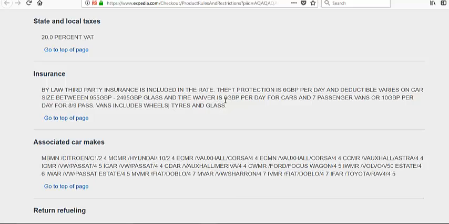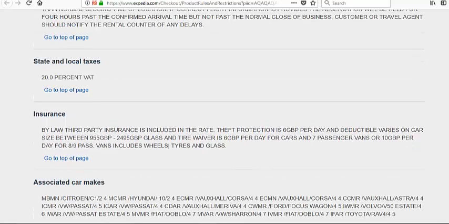Glass and tire waiver, so £6 per day. So by the time you add it up, the insurance costs as much or more than the actual rental. So by using the credit card, I save almost as much as the price of the rental car, which is hard to believe that they actually do that, but they do it.